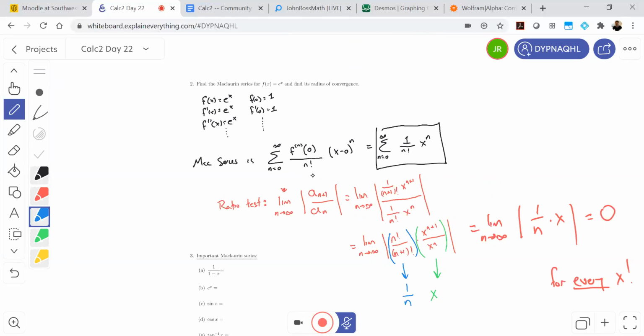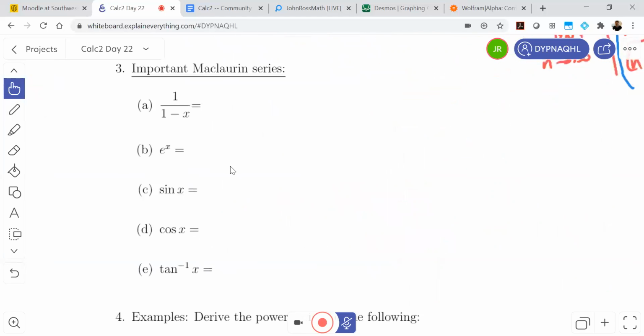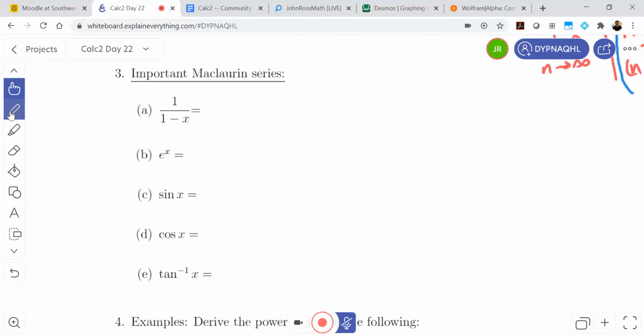Fun times, fun times. Okay, I want to end class today. I want to end a few minutes early, but I want to talk through a handful of important Maclaurin series before we go. Let me see what we can remember here.